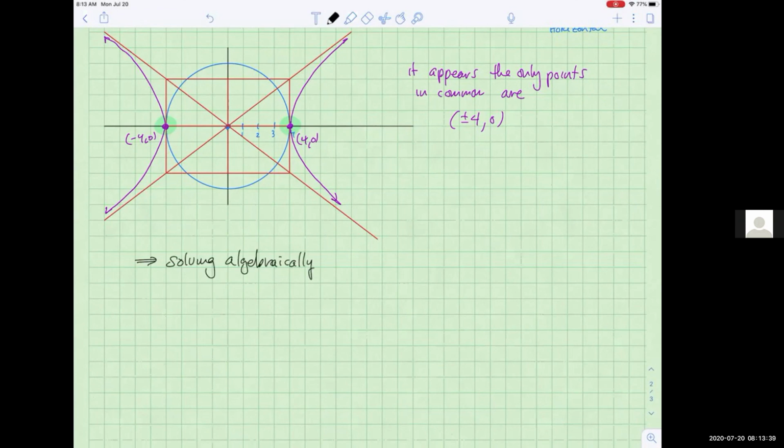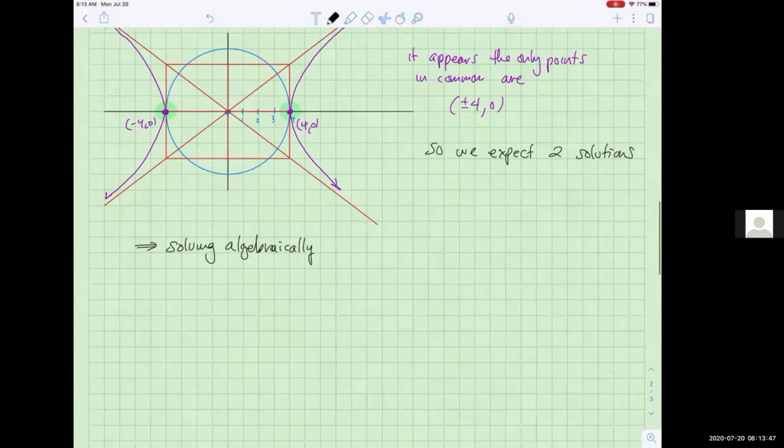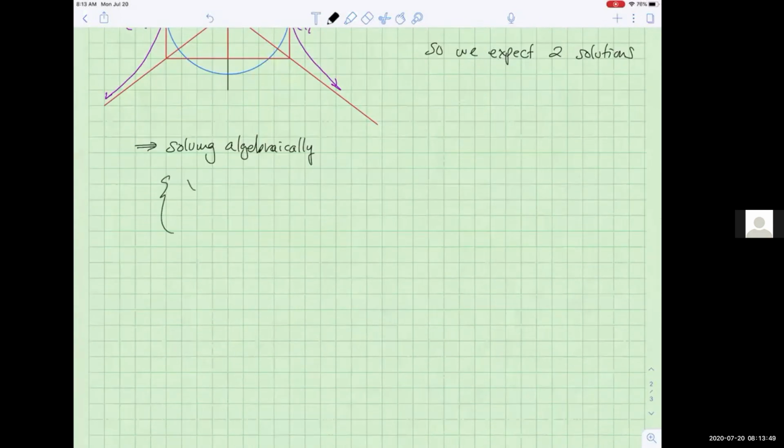We expect two solutions. So let's find them. So our equations are x squared plus y squared is equal to 16, and 9x squared minus 16y squared is equal to 144.